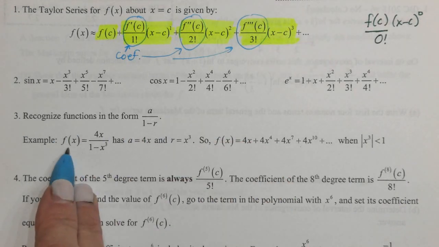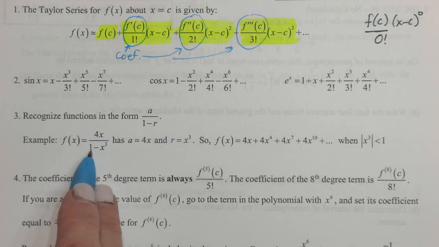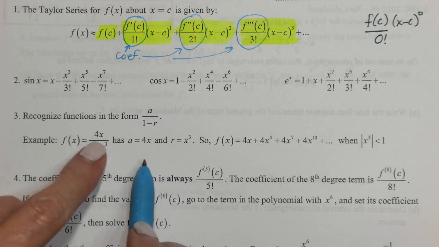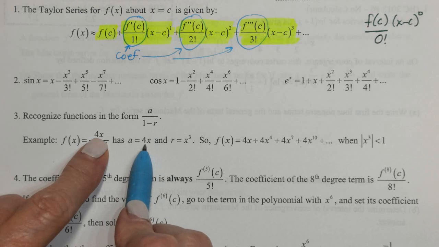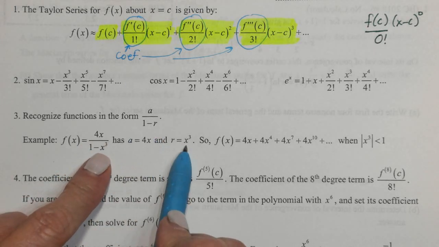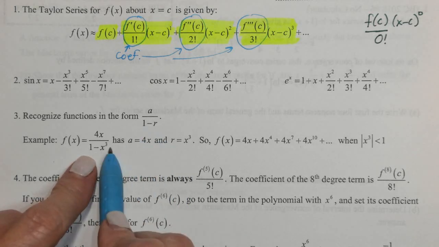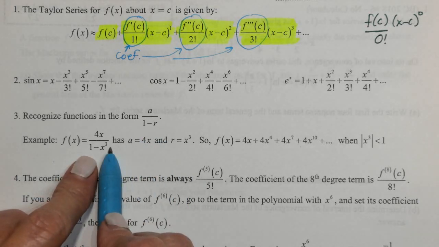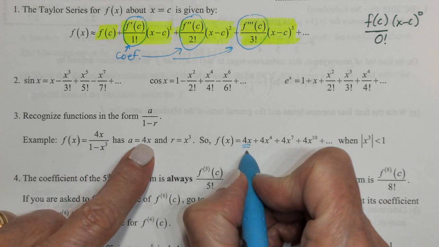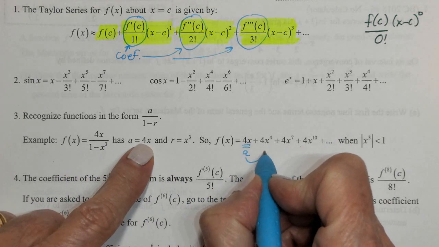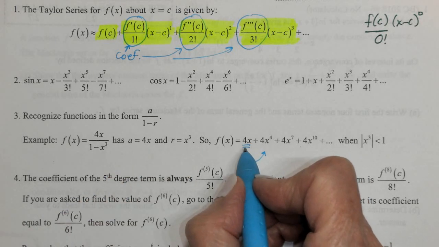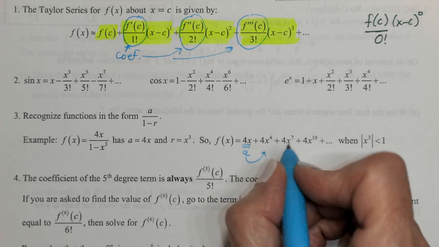For instance, f of x is 4x divided by 1 minus x cubed. It is in this form where a is 4x and r is x cubed. If that's the case, the first term is 4x. To get to the next term, you multiply by x cubed. 4x times x cubed is 4x to the 4th.